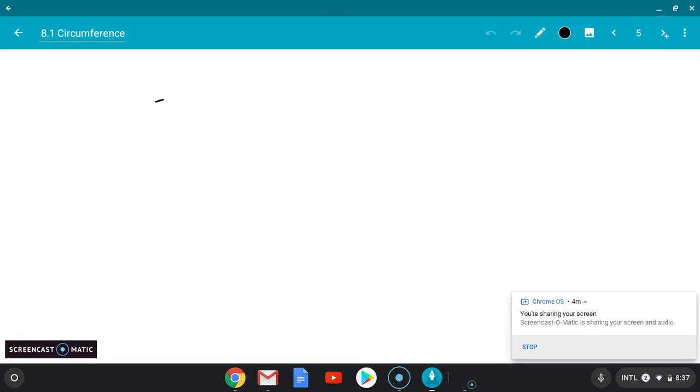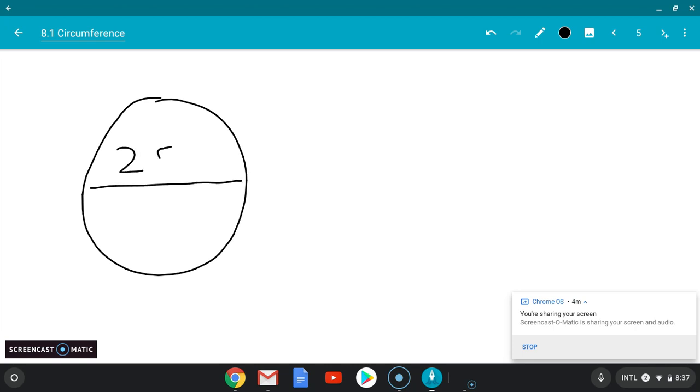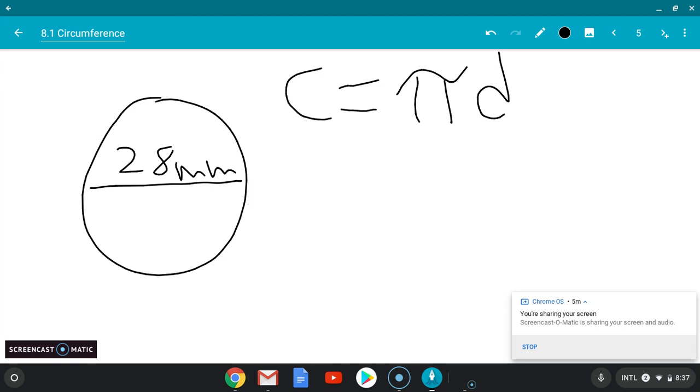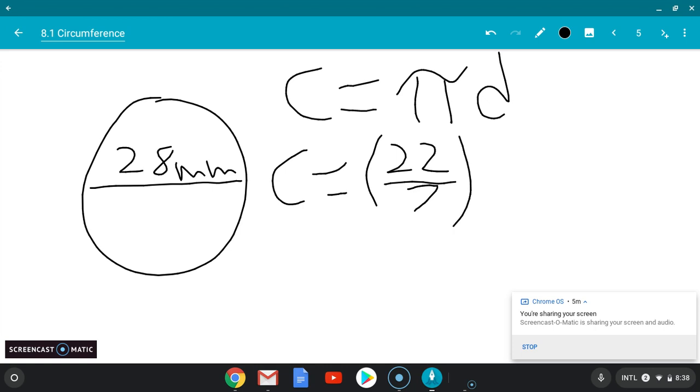All right. Let's do another example. Let's use the other formula this time. So we're given a circle and we're told it's 28, we'll use millimeters, across the entire thing. Okay. So remember, in this case, we're going to use the formula C equals pi times D for diameter because we're given the diameter. All right. And I'm going to plug in 22 over 7 for pi.